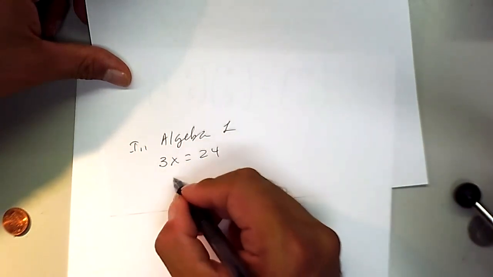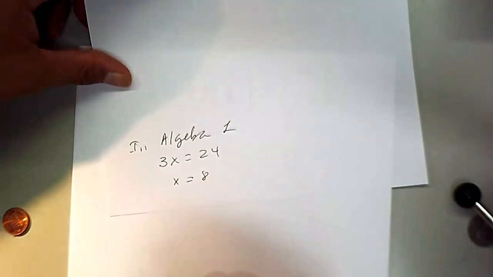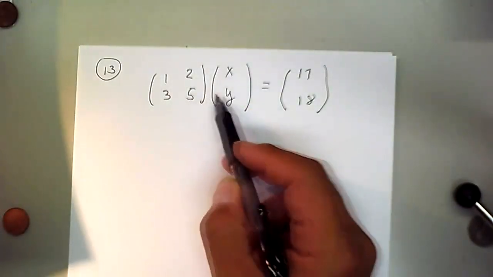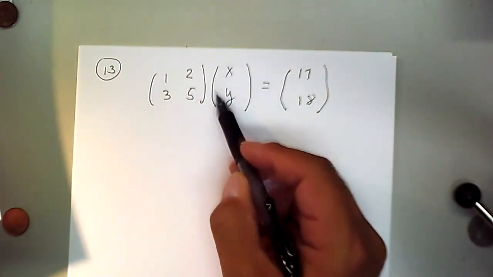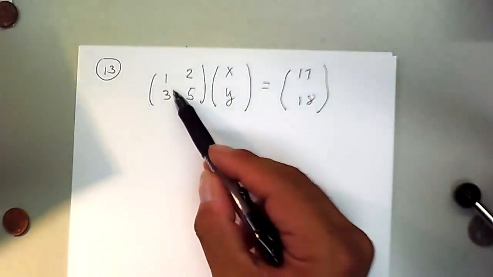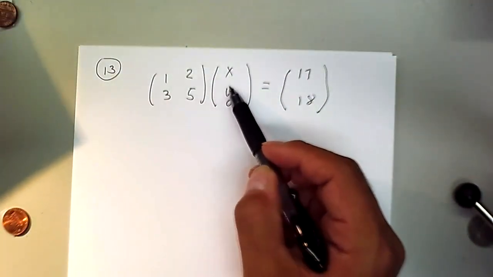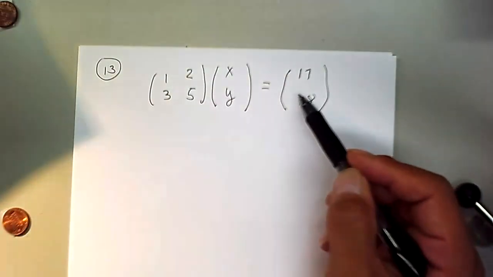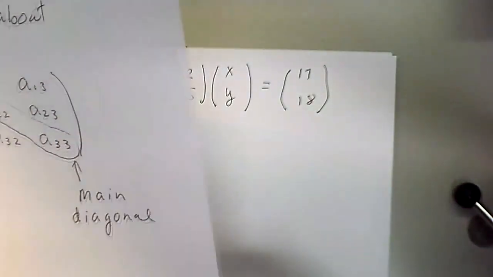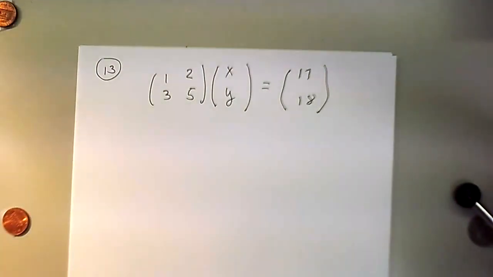So you solve for x, and x has to be, in this case, 8. So that's what we're going to do, except that these are not numbers. These are matrices. So we want to know what this matrix is. Pretend you have something like 3x equals 24. So this matrix times [x, y] equals this other matrix. What is the value of the variable matrix in this case?